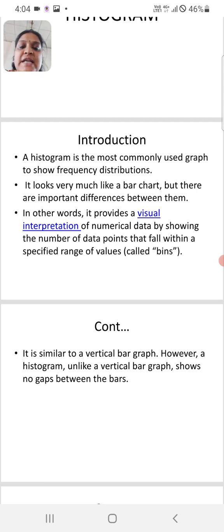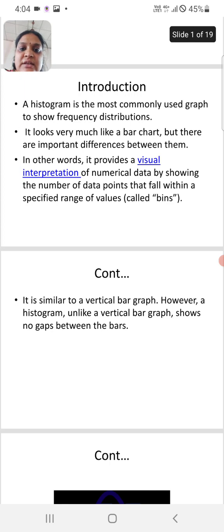In other words, we can say this histogram is mainly used for data visualization, where we have a large amount of data which has to be represented in a graph format, and it will be in a continuous form, not like a normal graph. So that's the difference between a normal chart, a bar graph, and the histogram.